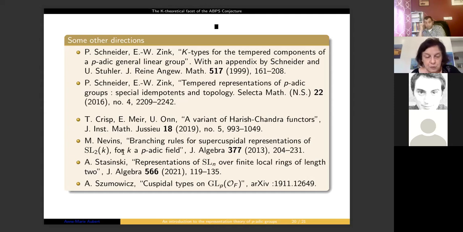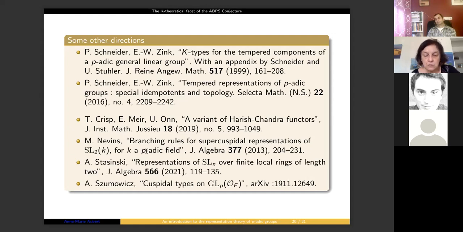The first one, which should be in my list here, is the paper by Lustig in Corvallis, which is also about SL2, and a more recent paper by Lustig in that direction.